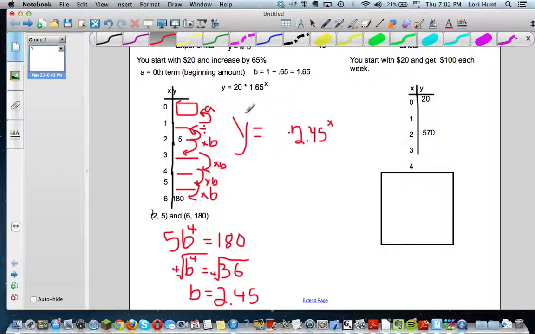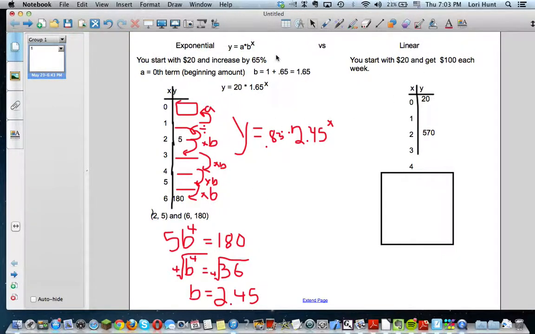I get about 0.833. So that's going to be my a term, 0.833, and that would be my equation for this problem. So those are a couple different ways that you'll see exponential.